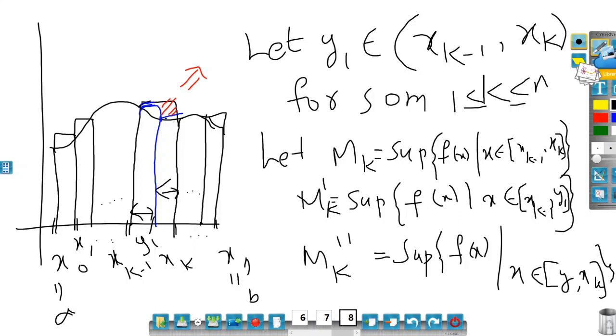Now I need to find out the relation between mk dash and mk double dash. Where does mk geometrically lie? Here are my mk dash and mk, and my mk double dash is somewhere here, which I have shown with a cross. So you can see that mk is always greater than or equal to mk dash, as well as mk double dash.